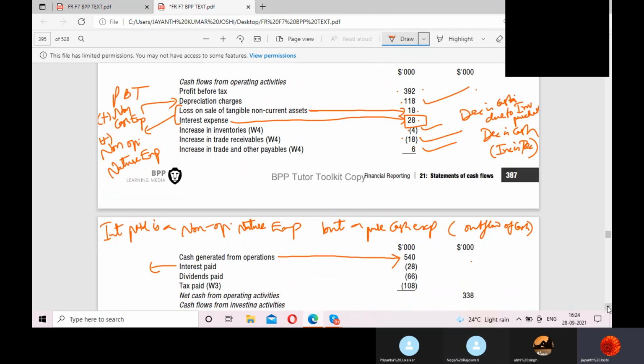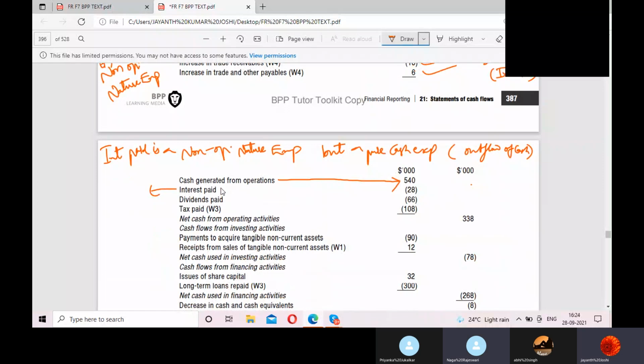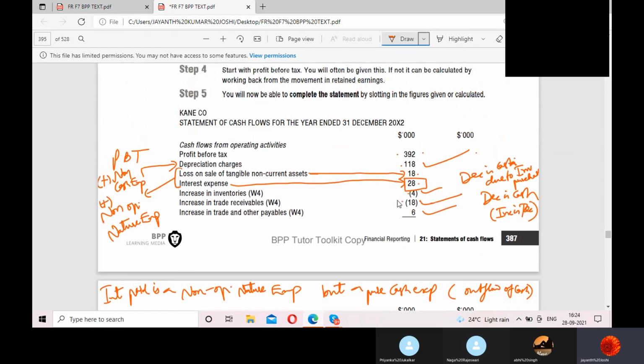Sir, for this interest paid, we need to minus, right? That's what we are doing. We are subtracting here. Can't we deduct it in cash flow from financing activities? See, you have shown this as an operating activity, correct?